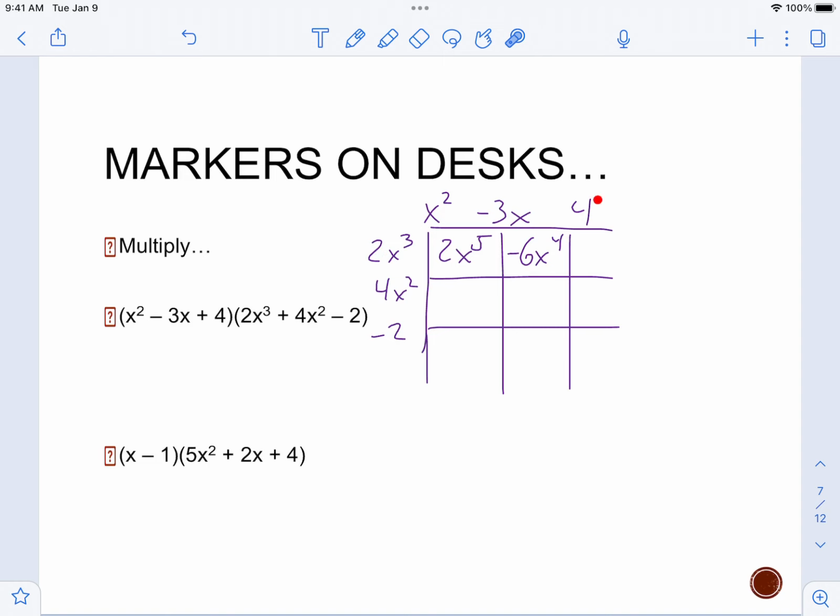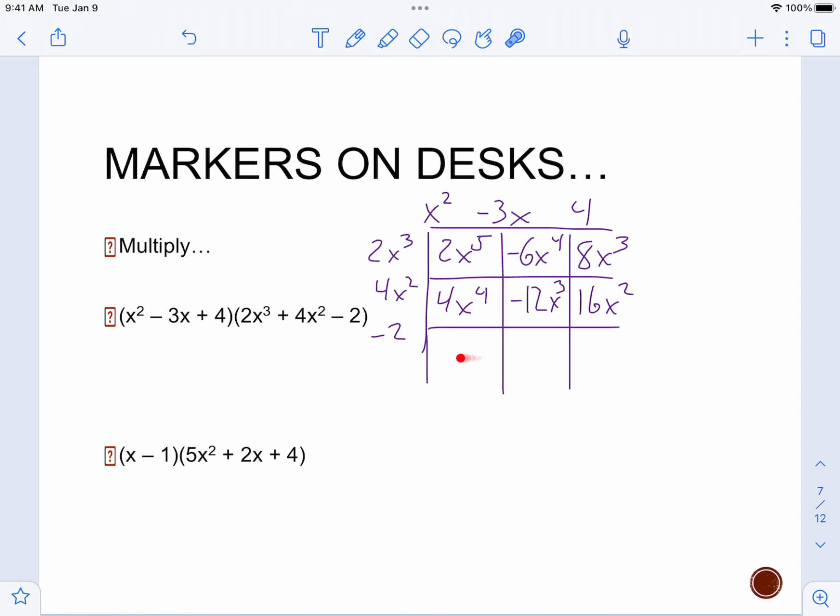Then 2x cubed and 4 multiply to make 8x cubed. All right, the 4x squared and x squared make a 4x to the fourth. The next one will be negative 12x cubed. And then the last one will be 16x squared.